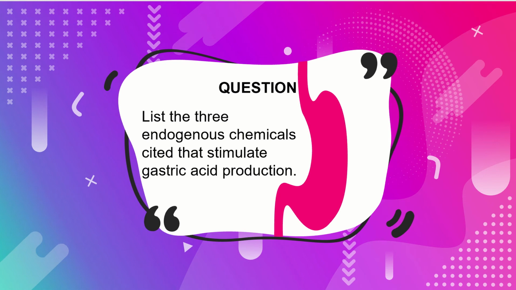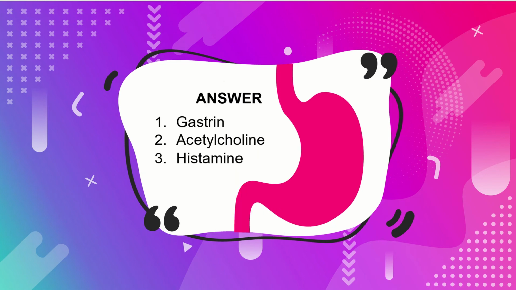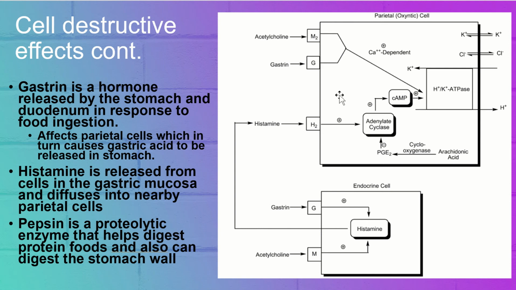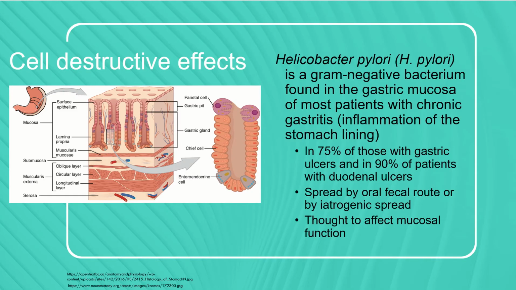Any thoughts? All right, well, they are gastrin, acetylcholine, and histamine. So if we look at this image here, we see acetylcholine, gastrin, and histamine. And if you can see, the arrows are all pointing in the direction of stimulating the production of acid. All right, so moving on from there.